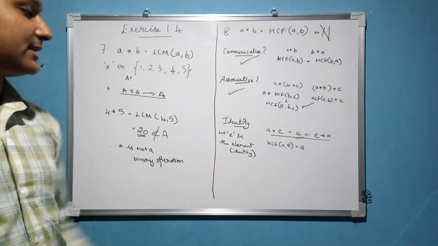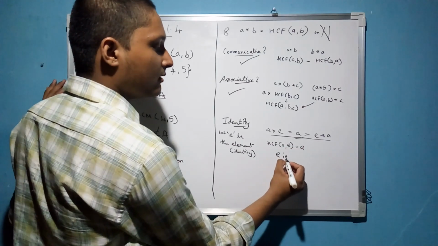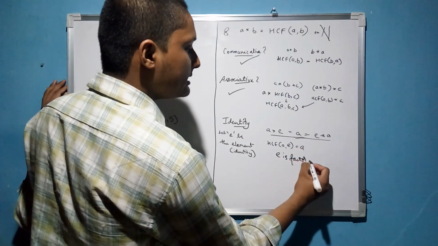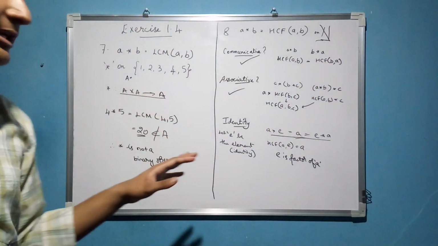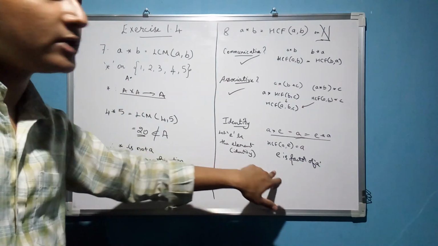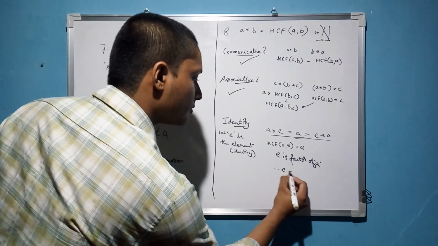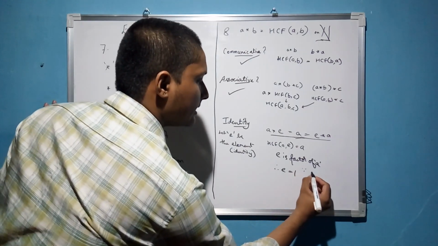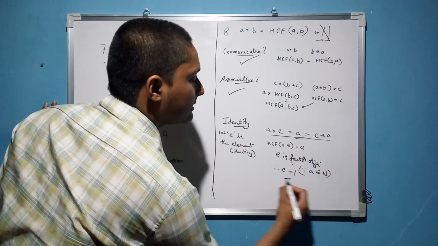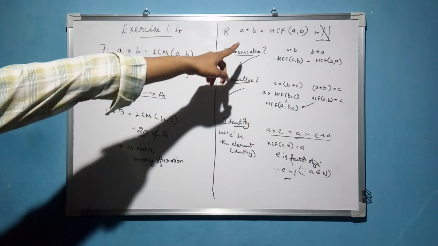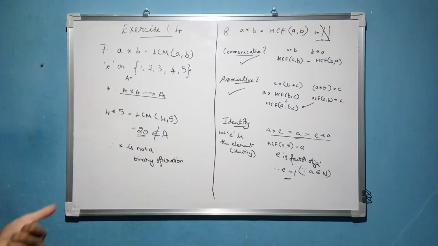Only one condition is obtained here. That is HCF of two numbers is A. That means that E is a factor of A. Since A is every number in the set of natural numbers, E can be only 1 because 1 is a factor of every natural number. That's why, therefore, E is equal to 1, since A belongs to N. That's why the identity element of this binary operation, that is HCF, is equal to 1.